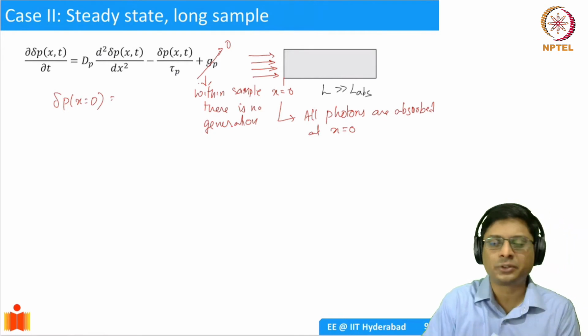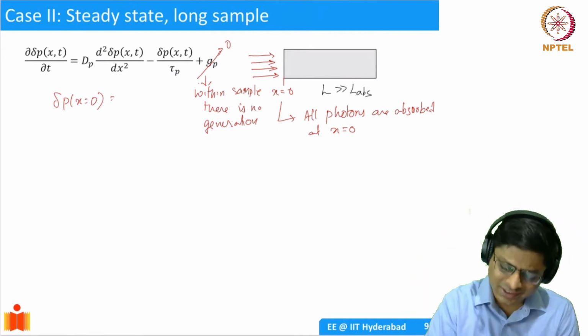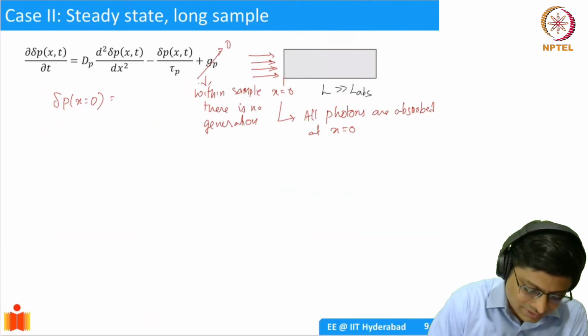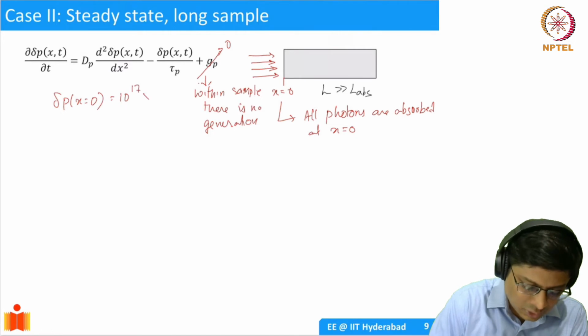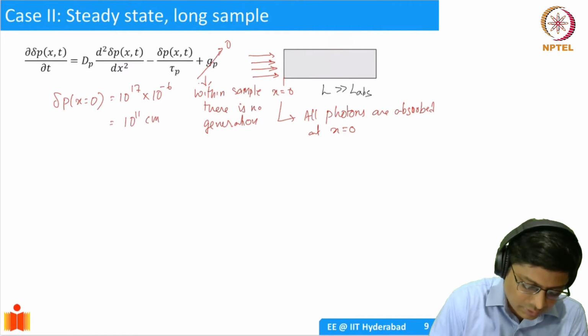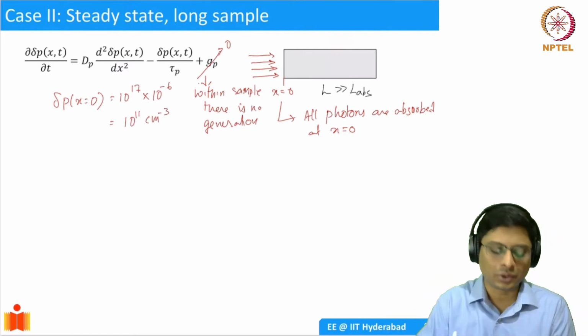If you have a rate of 10 power 17, which is what we took last time, let's check the same numbers. 10 power 17 times tau p, which is 10 power minus 6, gives us 10 power 11 per centimeter cube concentration at x equal to 0.